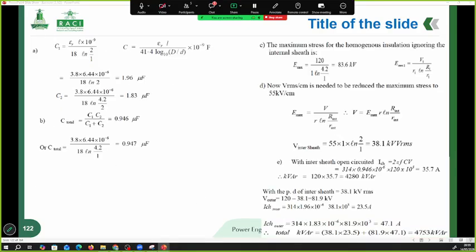All right. So this slide focuses on the detailed calculation of the cable capacitance for the two dielectric regions and the overall equivalent capacitance. First, the capacitance of each layer is determined using the standard expression for coaxial cable. So we can use these equations.